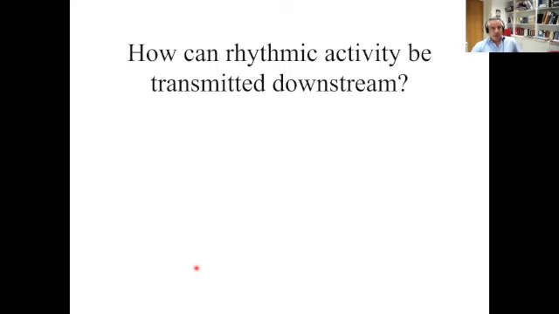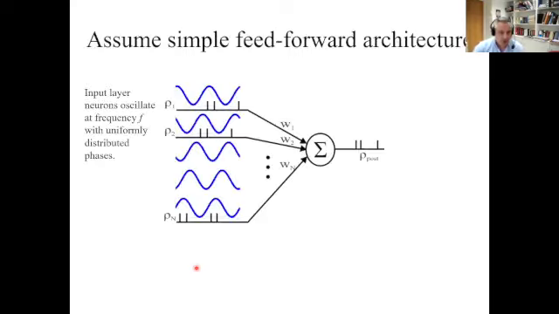So how can rhythmic activity be transmitted downstream? Okay, so why is there even a question here? Consider an upstream population of N neurons that are spiking rhythmically, same frequency, presumably, with different preferred phases.